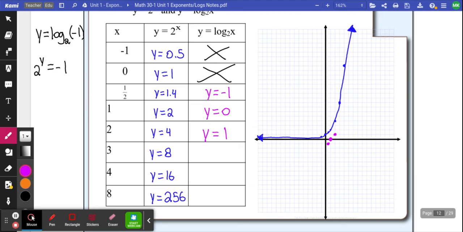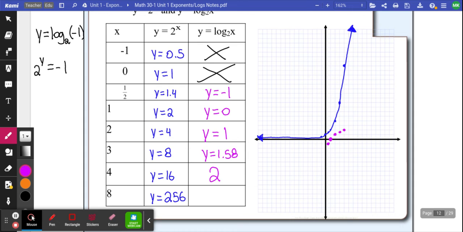Yeah. If you did 3, so log 3 divided by log 2 gives you 1.58, like this. Log 4 divided by log 2 gives you 2, which is right here.